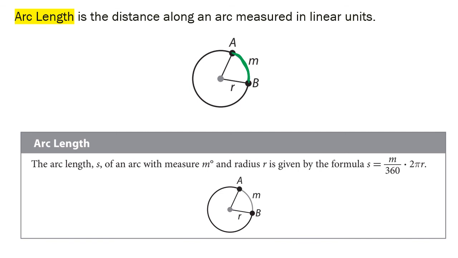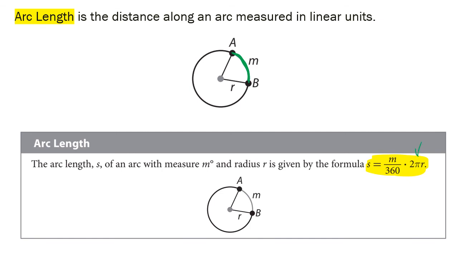Below, you'll notice in the box, there's a formula that goes over how to find it. Very similar to the one we just had for area of the section, where we were using the m over 360 times the area of a circle, but since we care about the arc, we really care about more like circumference.